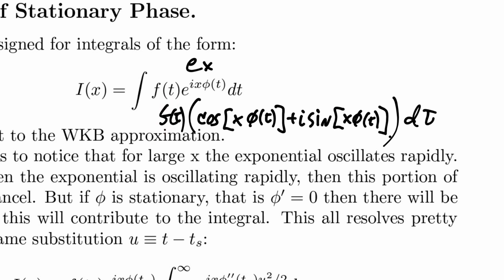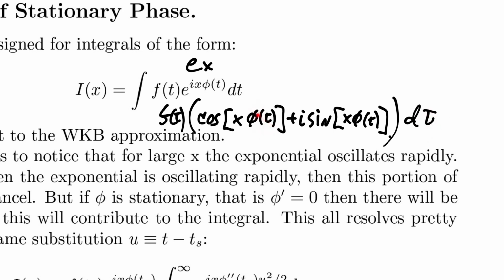And f of t in the first part is multiplied by cosine, which is oscillating. This is an oscillating function. It goes from +1 to -1, +1 to -1. And it does so at a frequency driven by its argument, right? t is the dependent variable, so t changes. So if phi of t is large, then the frequency of oscillation is going to be fast.